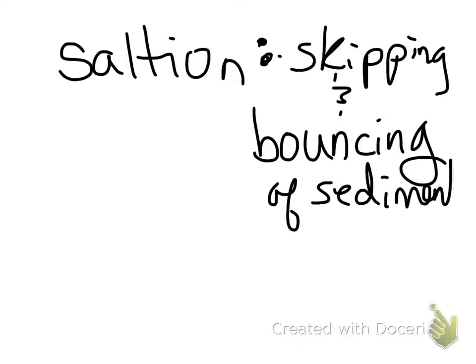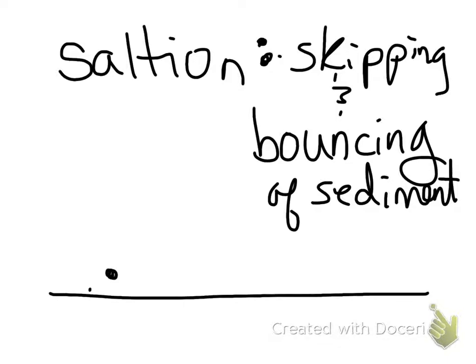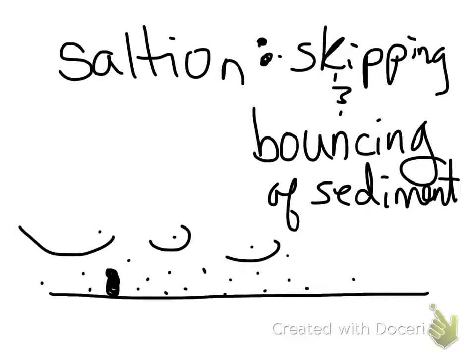Right, the wind comes and picks up small pieces of sediment. If this is your ground here, you have sediment, you have some bigger pieces of rock, you have the little pieces piled on top of one another. Okay, the wind comes along, and it can pick up the little sediment, and it bounces and it moves around.